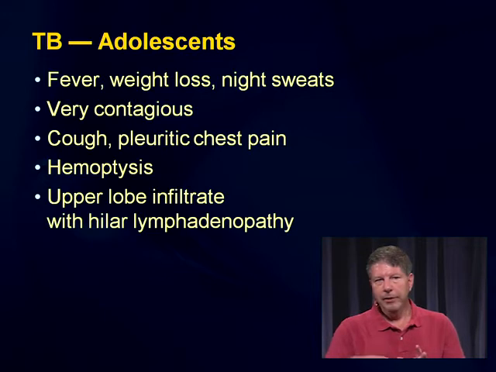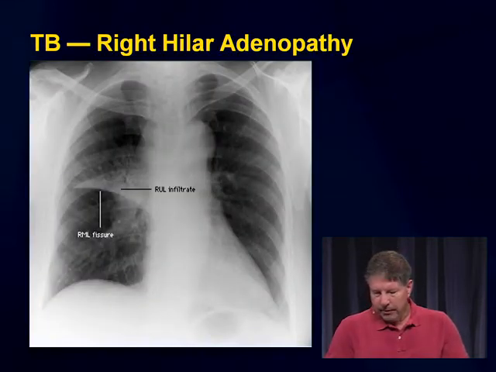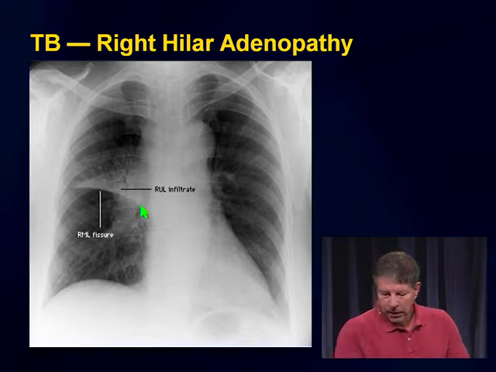Most get the delayed disease with the lung. Adolescents are more likely to have the primary with lower lobe, but even among the adolescents, they're likely to have been exposed sometime in the past, and now it reactivates, and they get upper lobe disease. So here's just showing you an infiltrate in the fissure between the right upper lobe and middle lobe.